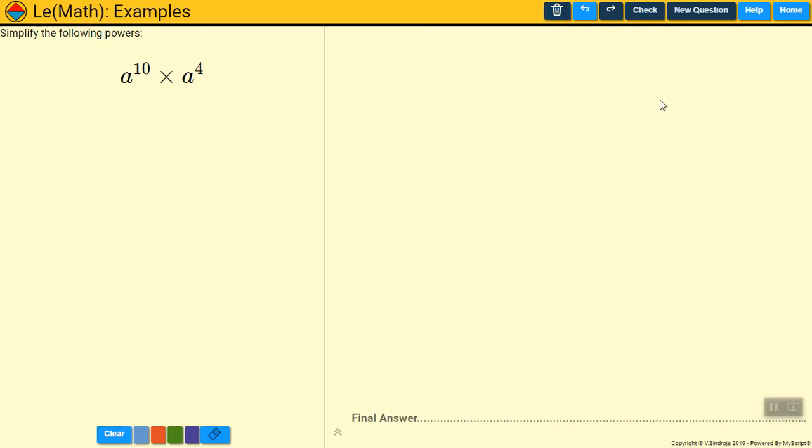I'm going to explain on the right-hand side why that is. If I write a to the power 10 out in full, then it would be something like this. It'd be a times a times a times a. That's four of them. 5, 6, 7, 8, 9, 10. That is a to the power of 10 written out in full.